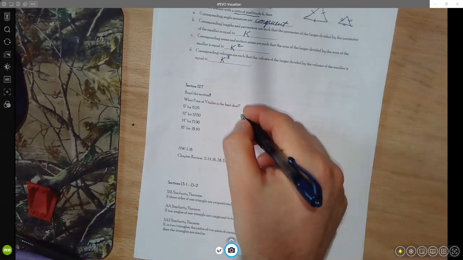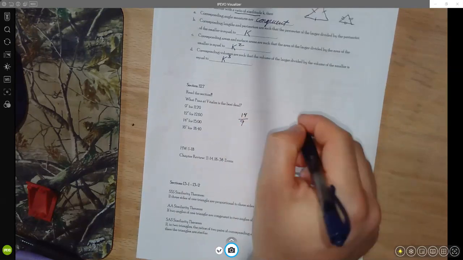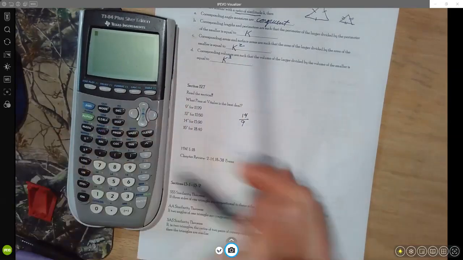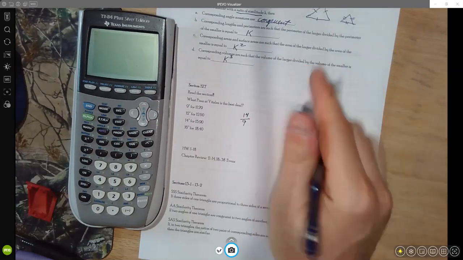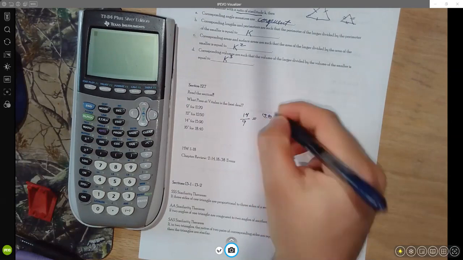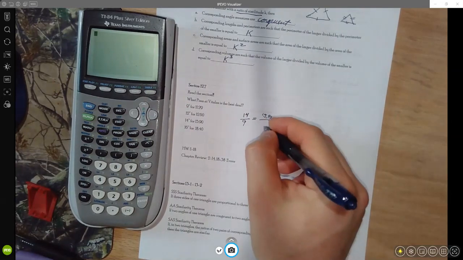So you might think that you can just make a ratio here. It's like, okay, if we know the 14-inch pizza is $15.90, what can we say about the 9-inch pizza?